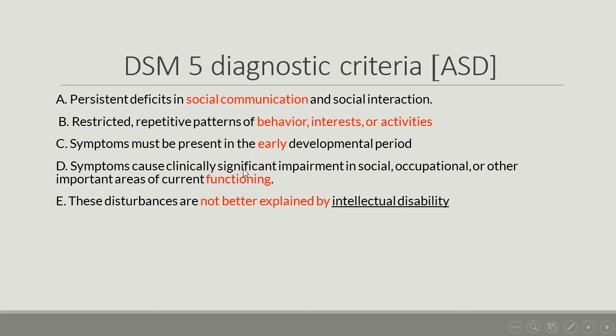This is the functioning criterion, and also the exclusion criterion, particularly that the symptoms are not due to intellectual disability. Actually, there is much overlap between autism and intellectual disability, as we said before, that about 70% of autistic people have some degree of intellectual disability. So in case of comorbidity, it means that the deficits in communication are not attributable to intellectual disability, meaning that they are below even the mental age of the patient.